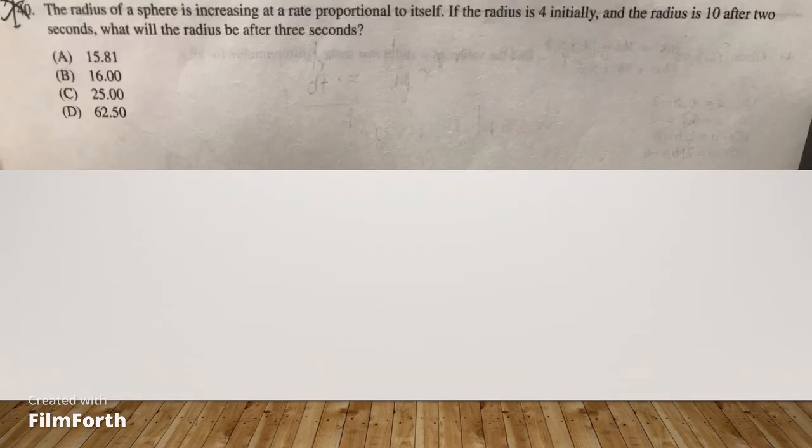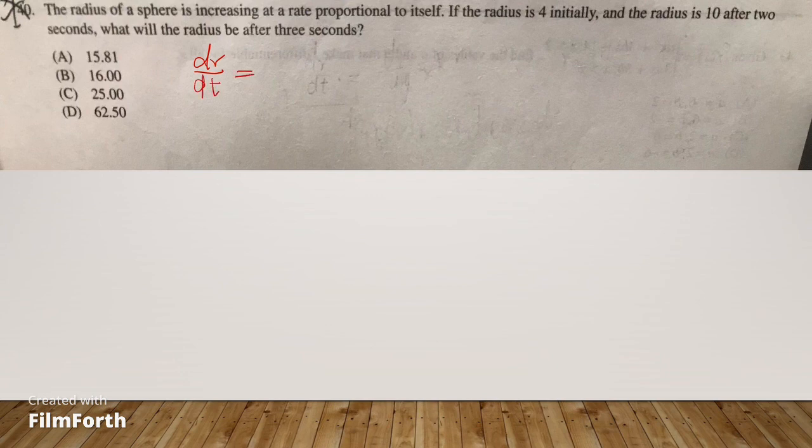Okay, next question, 40. The radius of a sphere is increasing at a rate proportional to itself. So if we translate the first sentence into an equation, we can have dr over dt.